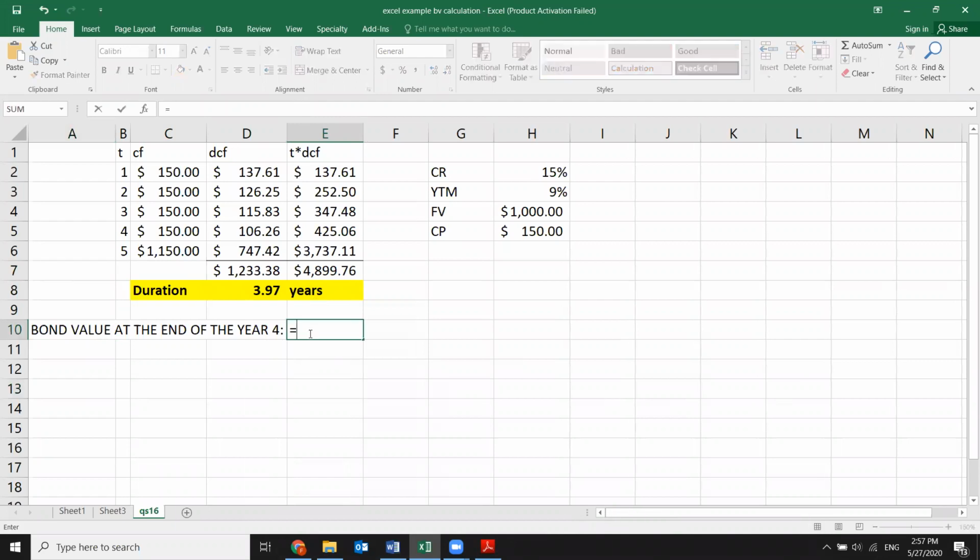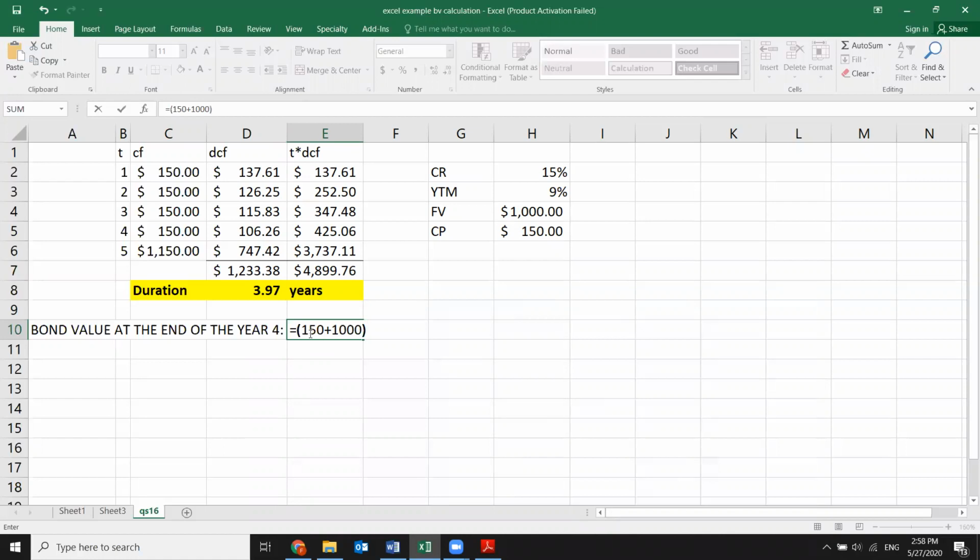So 150, plus the $150 that we received in year 4, plus 1,000 when we sell it, we receive the face value on it, okay?